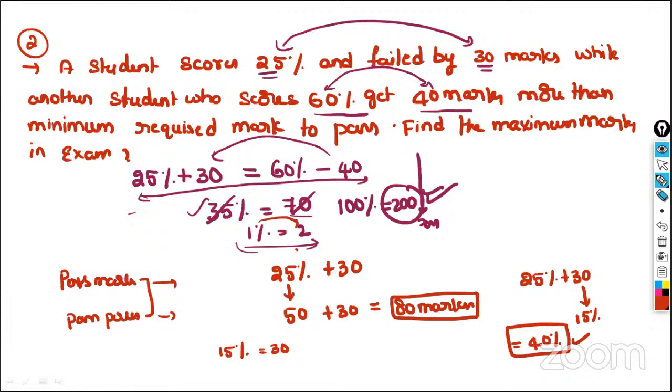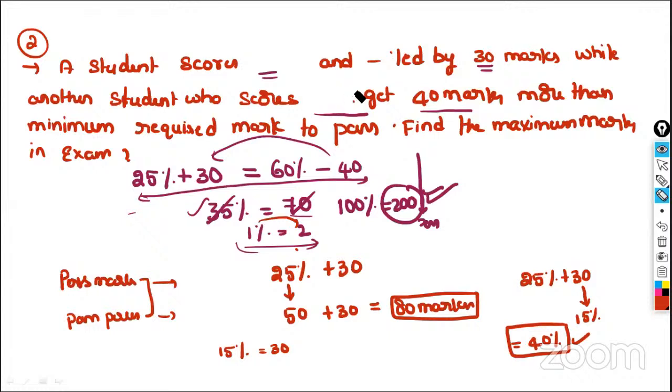Same question, I can change the values. Try to answer it. A student got 30% marks and failed by 5 marks. Next, 40% marks and got 10 marks more.